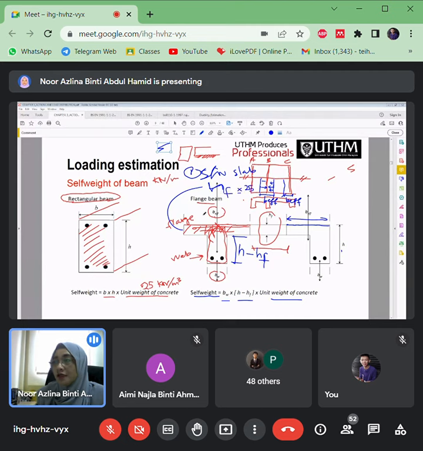So for the flange, we have to minus the thickness, because it is already calculated in the self weight of the slab. We don't want redundancy. We don't want to overestimate. So for the flange, we consider this height here, minus the thickness.